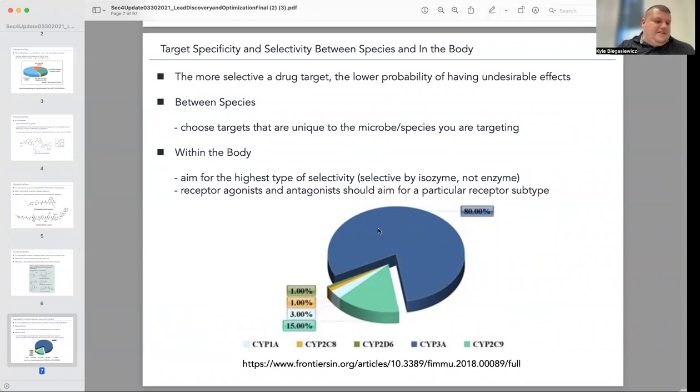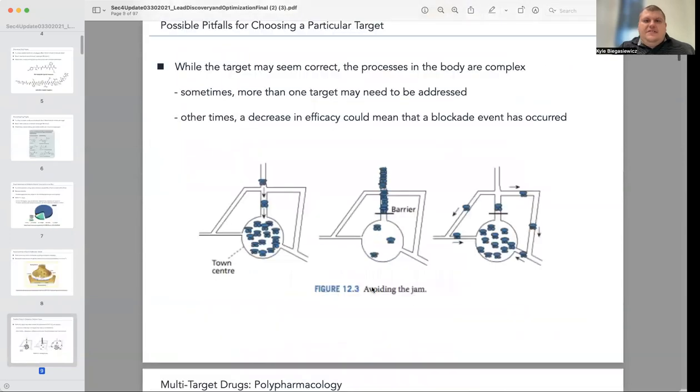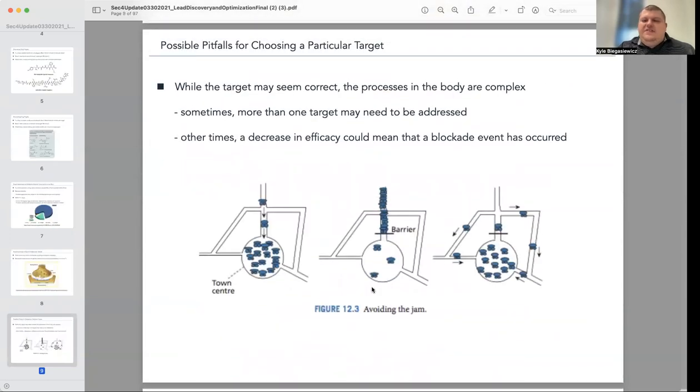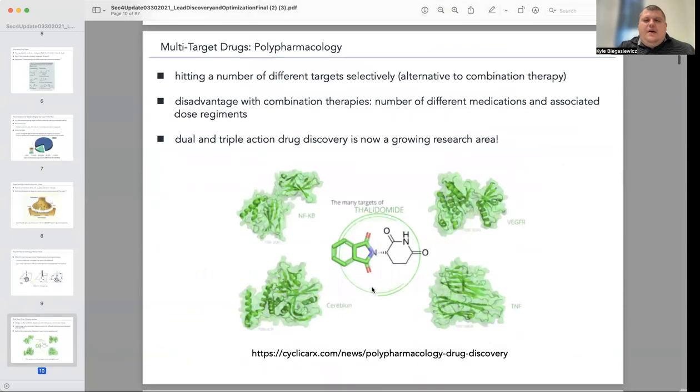That encompasses not only getting after targets that are more specific in the body, but ones that are specific to microorganisms, for example, which would be another type of selection. Slide 8, you do not need to know that. Slide 9, I would visit this briefly, but it's not going to be a focal point for sure.